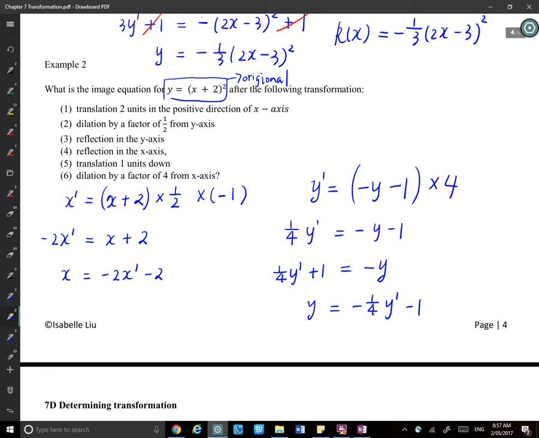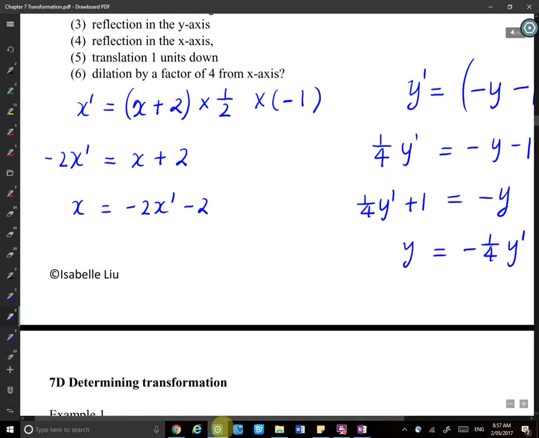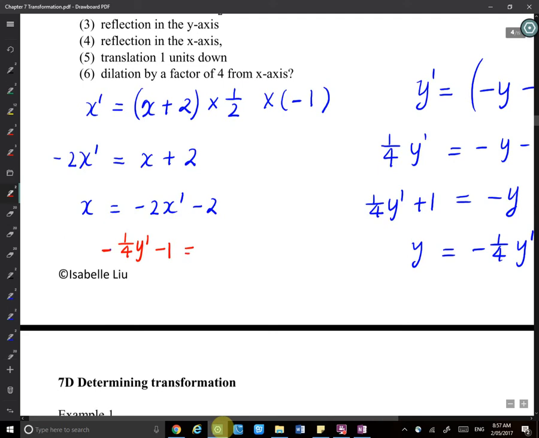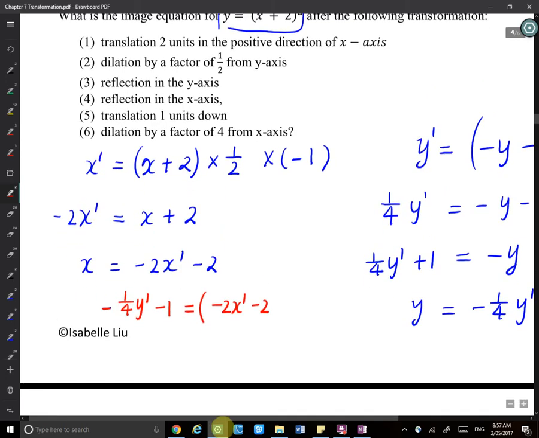And then I can do substitution. In the place of y, I will write negative a quarter y dash minus 1, equals bracket minus 2x dash minus 2, but you still have the plus 2 there, and then squared.